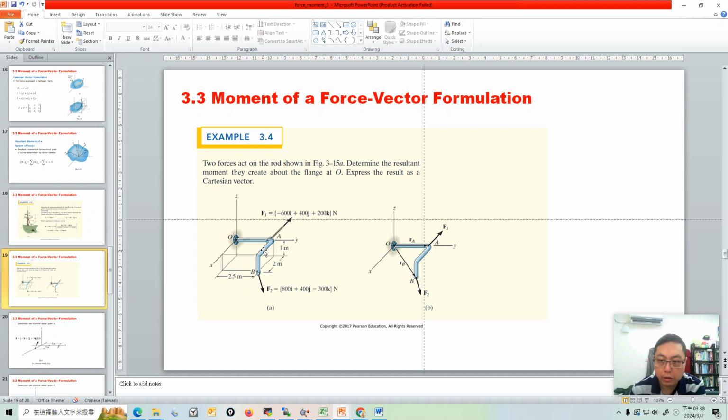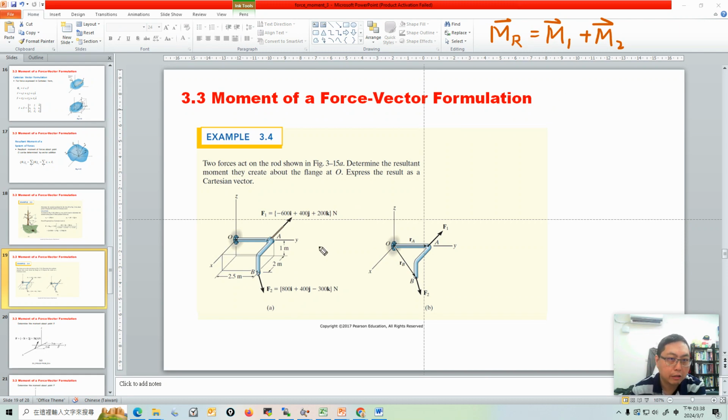So in this system we have two forces, force one and force two. Let's start. In part one, we calculate the resultant moment. The resultant moment is just the sum of the moments in this system. We have two forces, so we have two moments caused by these two forces.